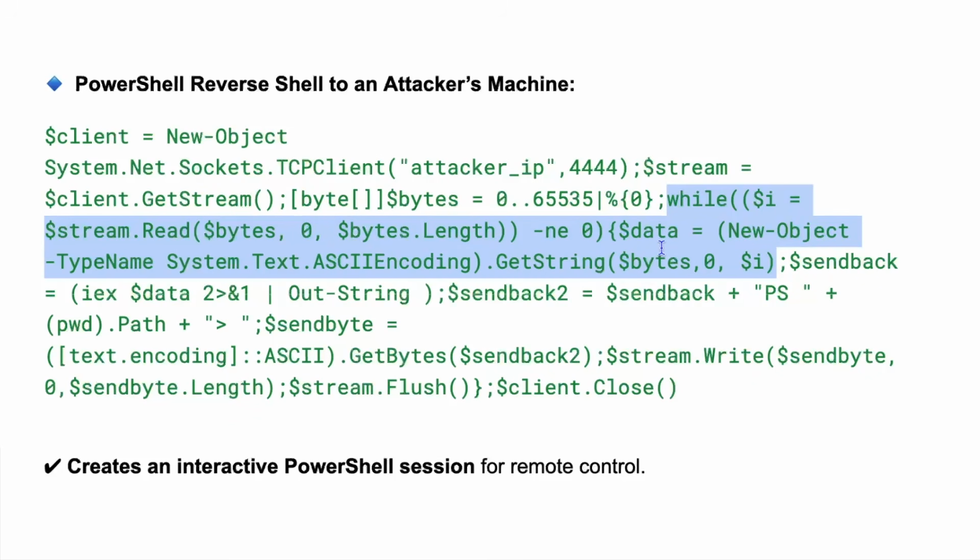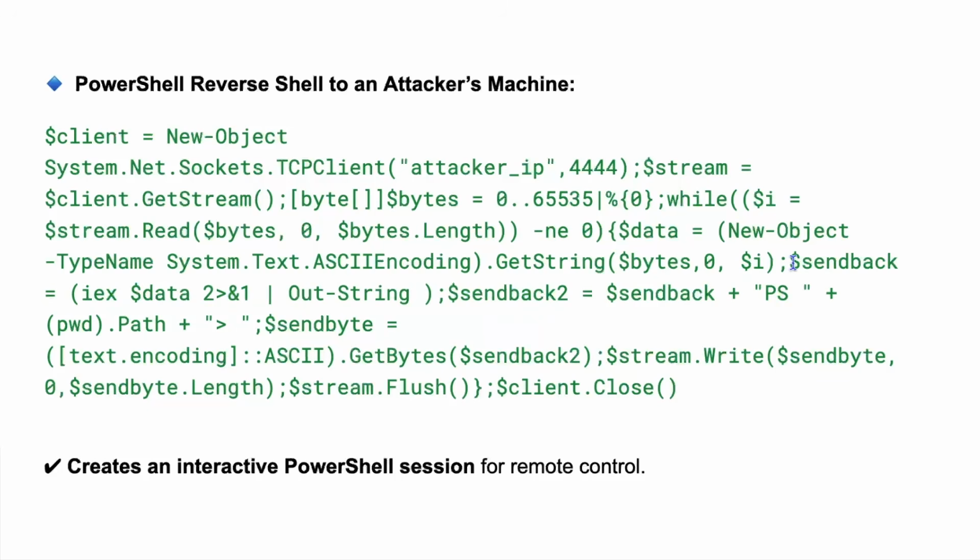Then I want you to execute this new object type name System.Text.ASCIIEncoding, get the string of the bytes, etc. Right? So this continuously receives commands from the attacker and executes them using the IEX data element, which is going to be this piece right here.